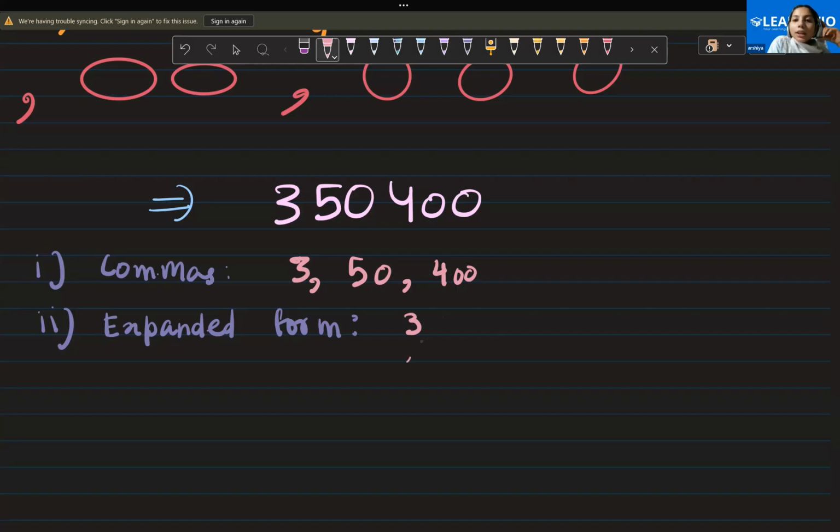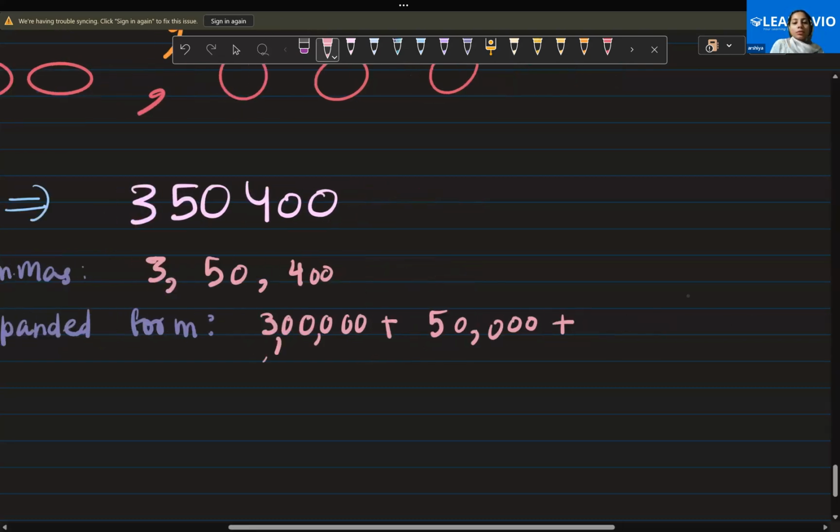How many zeros are there in 3 lakhs? There are total 5 zeros. So 3 lakhs plus what? 50,000. Correct.